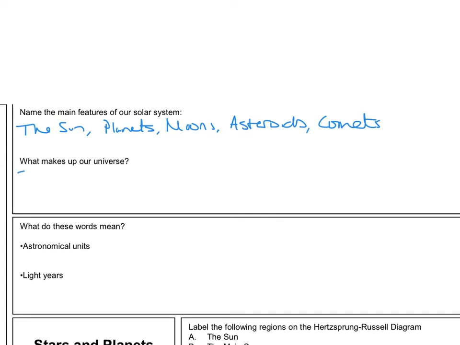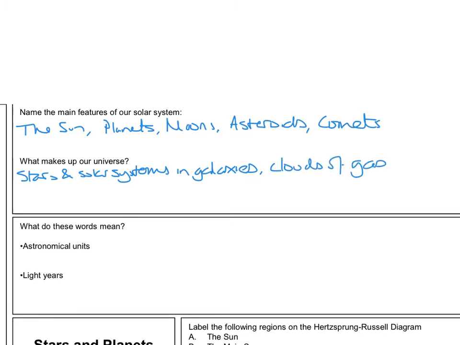We get stars and solar systems, and they're grouped together in clusters. We call those clusters galaxies. Our galaxy is the Milky Way, but there are millions of other galaxies. We get clouds of gas and other materials ejected from the supernova.